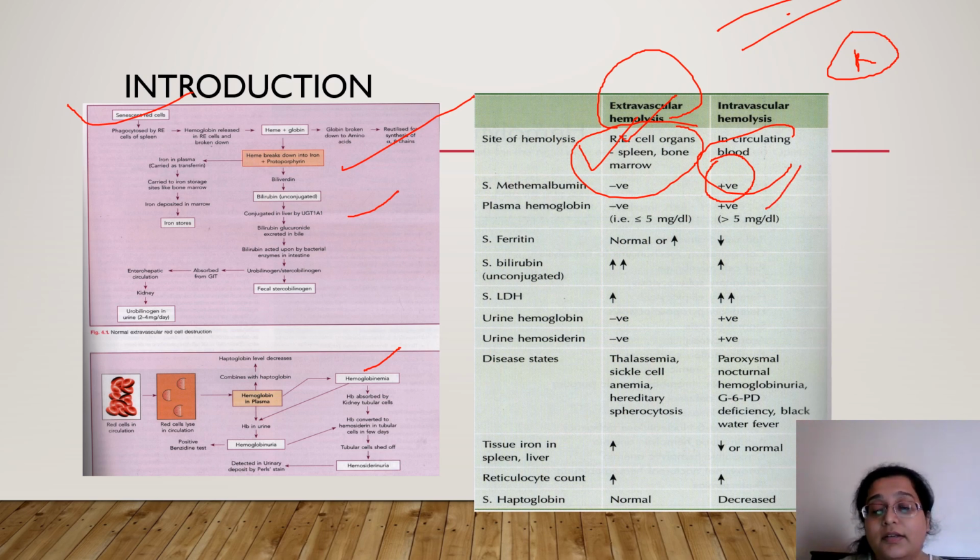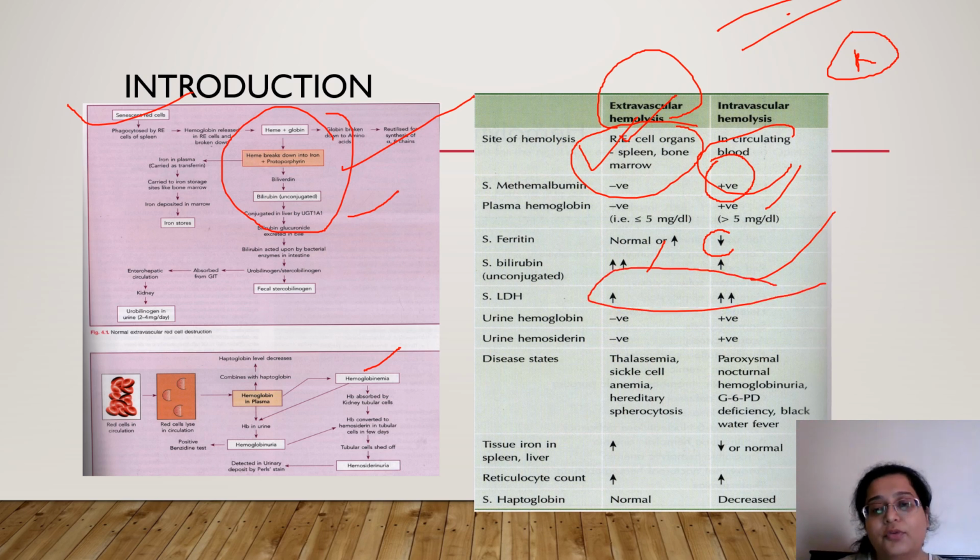Serum ferritin, here because the RBC is going into the RE system and breaking, the free iron is getting stored. So that stored iron is increasing. Here it will decrease because a lot of hemoglobin is going out through the urine. Bilirubin increases in both, more in extravascular, as is evident by this entire table, as compared to intravascular.